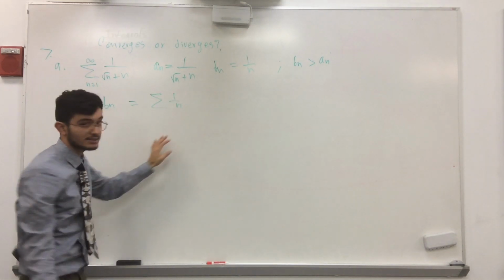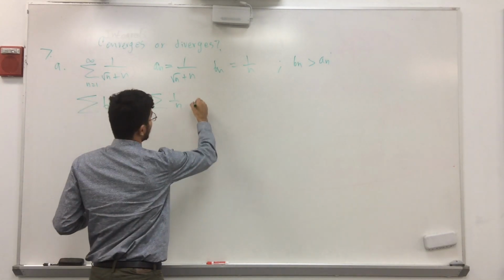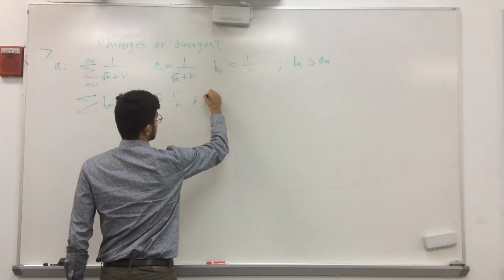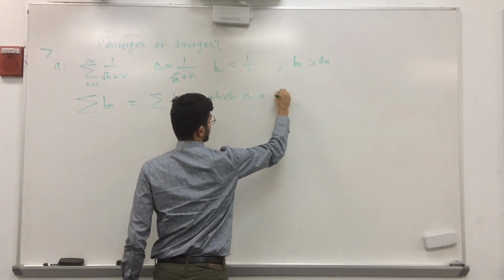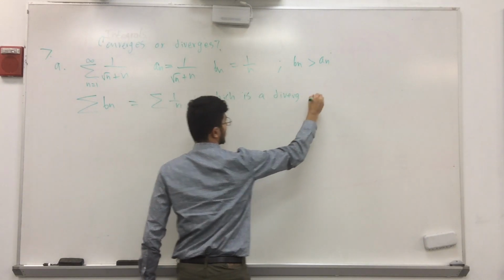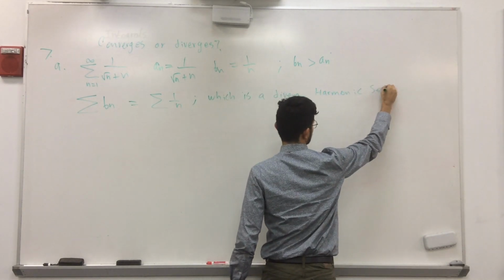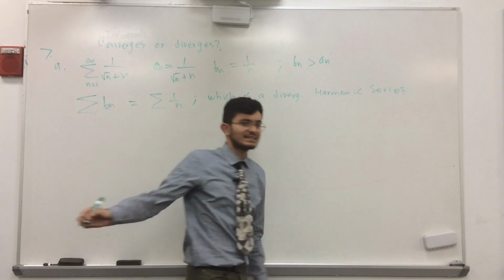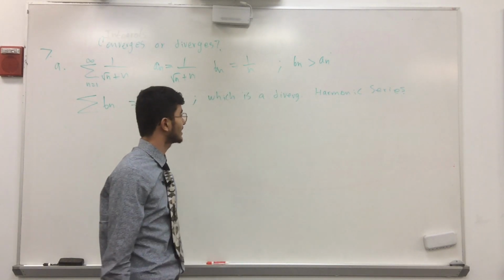And look at that, a very famous series, the harmonic series, which diverges. It's a divergent harmonic series. Don't say it's a p-series with p equals 1, that's ridiculous. It's a harmonic series.